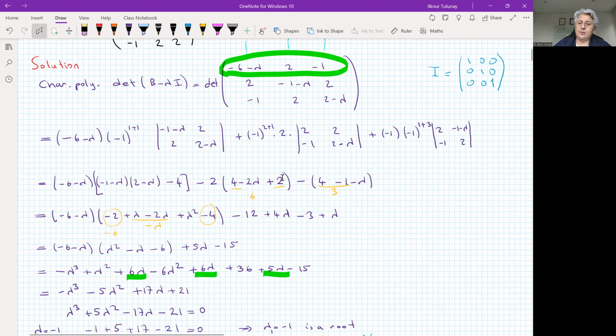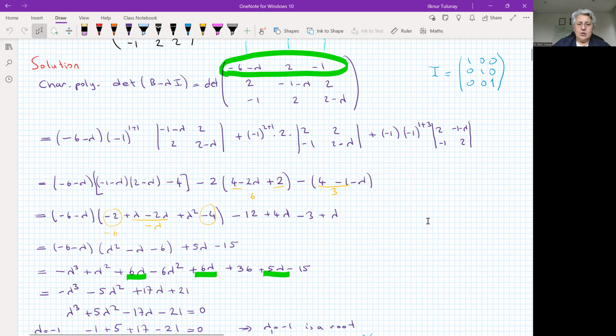Here this one will be +1, this one is minus, so I have a minus here. The multiplication of the main diagonal gives me 4, and the multiplication of the opposite diagonal gives me minus times minus, but since it is the opposite diagonal, it will be minus again. So this is why I have -1, -1. As we know, main diagonal plus, opposite diagonal minus: this times this, minus this times that.